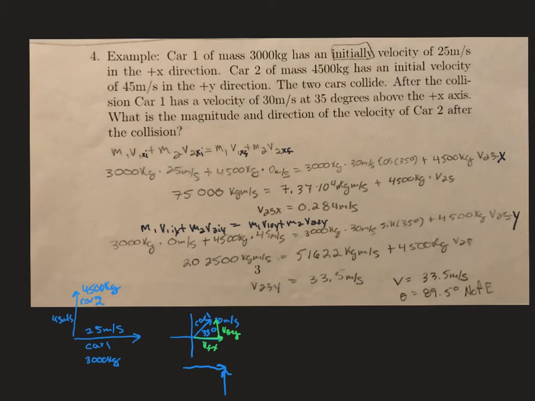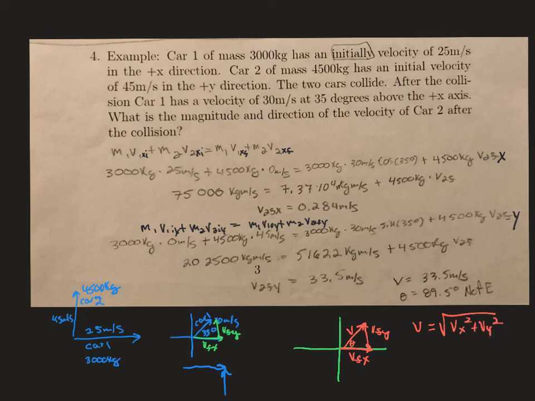So we have our x component of the final velocity of car 2 is 0.284 meters per second, and the y component of car 2 after the collision is 33.5 meters per second. This means that we're going to be in our first quadrant, so we have v final x, v final y. So we're going to use the idea that velocity is equal to the square root of velocity x squared plus velocity y squared.